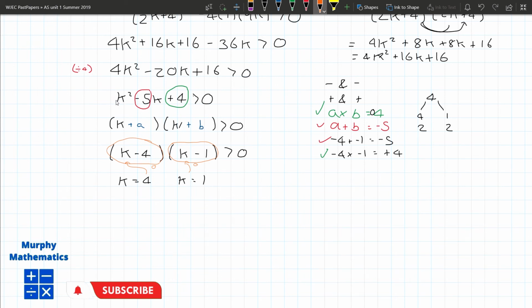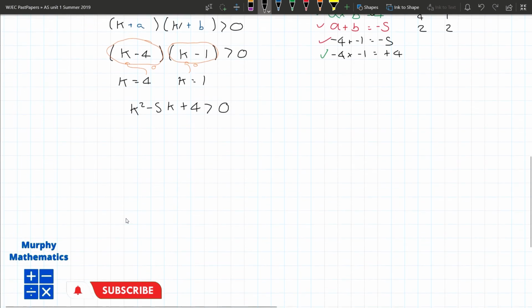So we can do this by using our quadratic equation. So we had k squared minus 5k plus 4 is greater than 0. So we know if we put k equals 4, we're going to have 0, and if we put k equals 1. So let's try either side of 4.